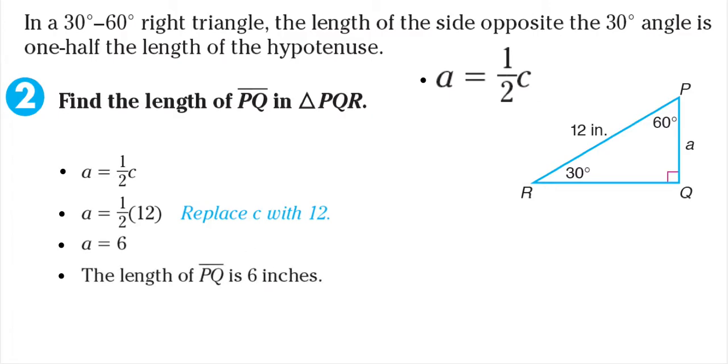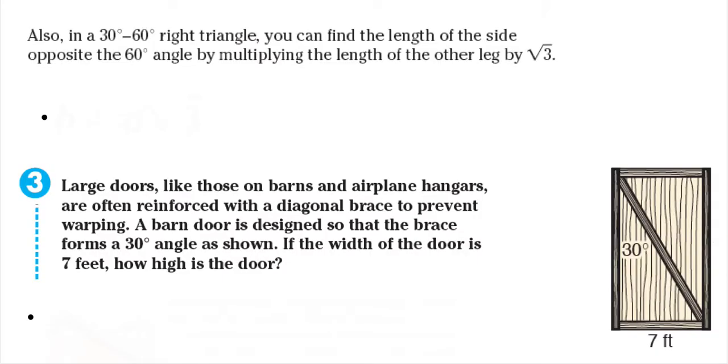Another formula, the third formula for special right triangles, is this. In a 30-60 right triangle, you can also find the length of the side opposite the 60-degree angle by multiplying the length of the other leg by radical 3. Remember, in the last example, we found the length of A by getting half of the hypotenuse, and we know A is opposite the 30-degree angle.